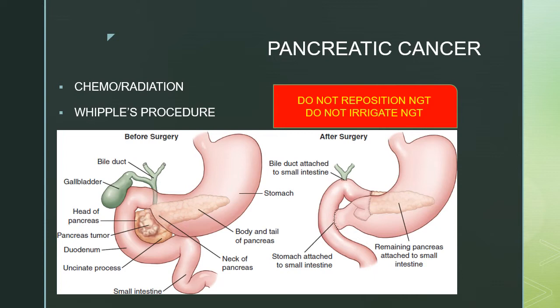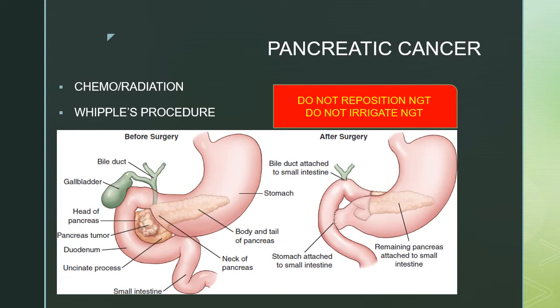Anytime you have a GI surgery, the post-operative NG tube is totally different than an NG tube that's inserted for lavage or gavage or feeding, or even different than one inserted for bowel obstruction.